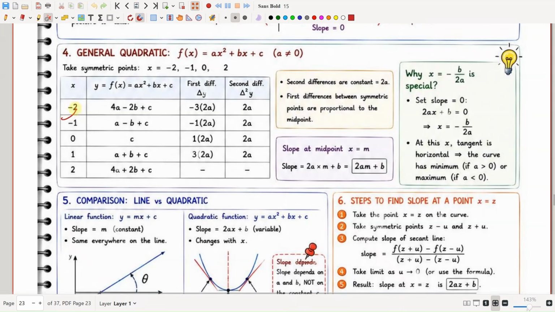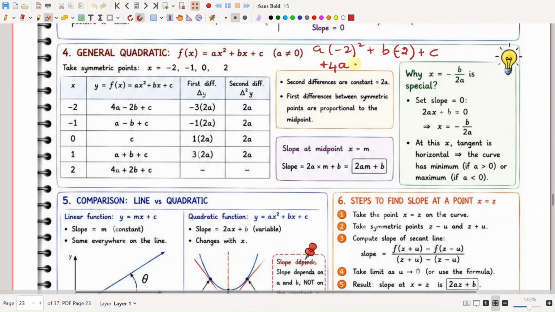Then it will be a into minus 2 the whole square plus b into minus 2 plus c. Then it will be 4a minus 2b plus c. This is what I have written here.